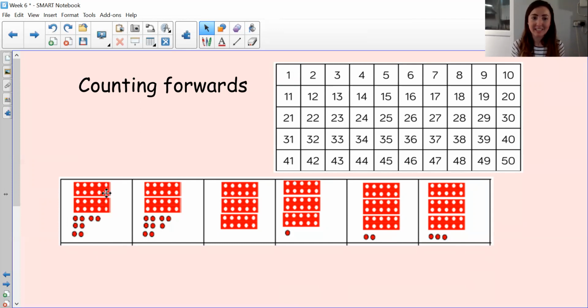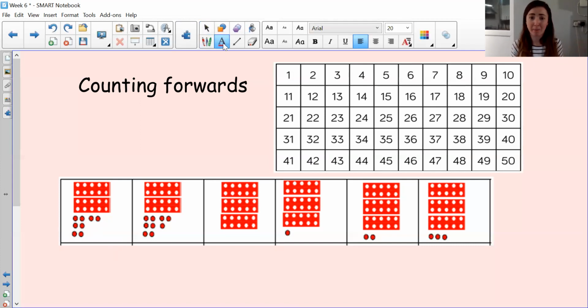So I can use my skills of counting in tens for this part, and my counting on skills to count the counters that are extra. So we've got 10, 10 more is 20, and then counting on 21, 22, 23, 24, 25, 26, 27, 28. So my first number is 28.